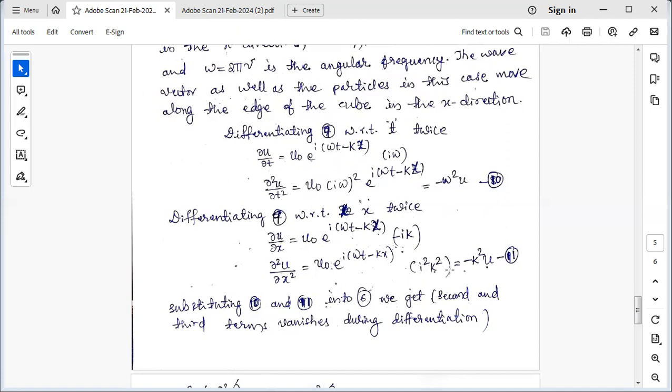Again it gives a minus sign. And this is again u naught into e raised to i omega t minus kx, which is u. That means u into k square, with a minus coming because of this i square. So in this way, I got equation numbers 10 and 11, and substitute equations 10 and 11 into 6.